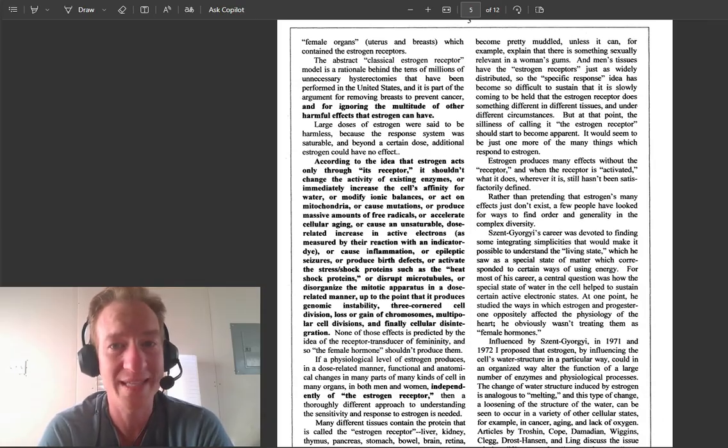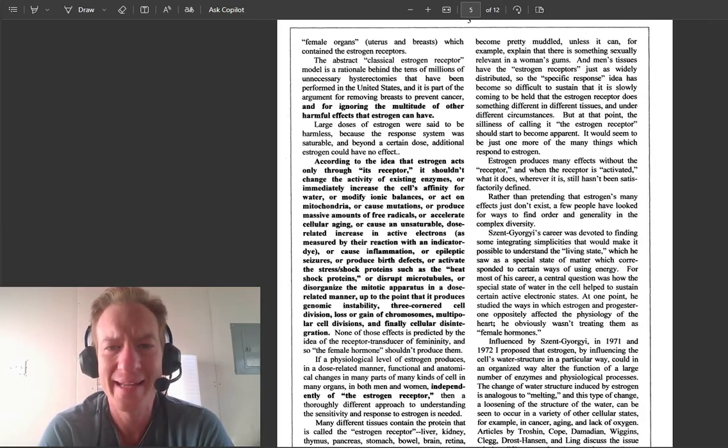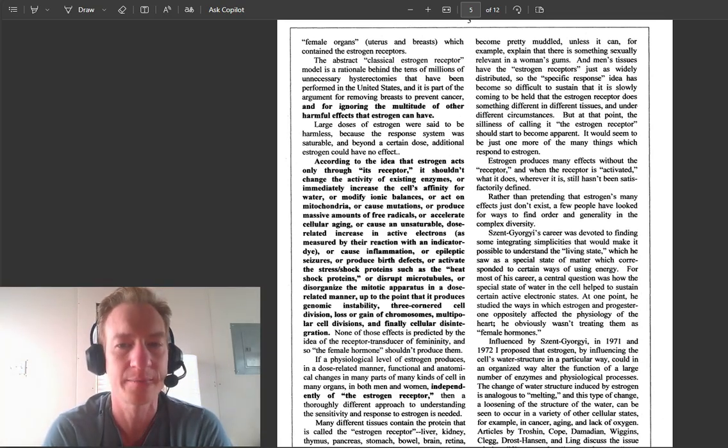But at that point, the silliness of calling it the quote-unquote estrogen receptor should start to become apparent. It would seem to be just one more of the many things which respond to estrogen. Estrogen produces many effects without the quote-unquote receptor. And when the receptor is quote-unquote activated, what it does, wherever it is, still hasn't been satisfactorily defined.